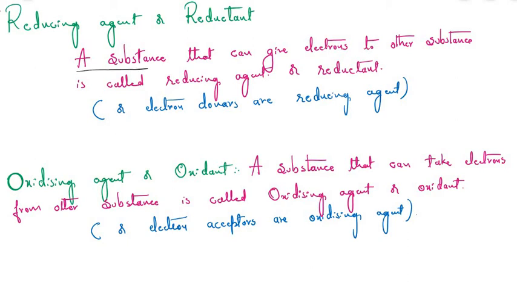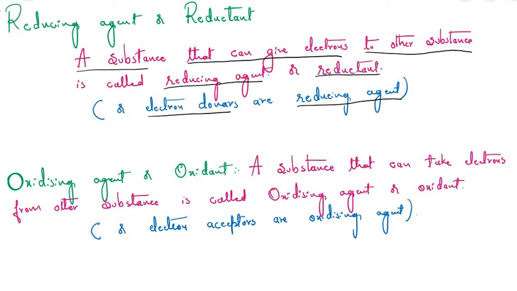A substance that can give electrons to another substance is called a reducing agent, or simply a reductant. In other words, electron donors are called reducing agents. I want to write a simple example so that you will understand very clearly.